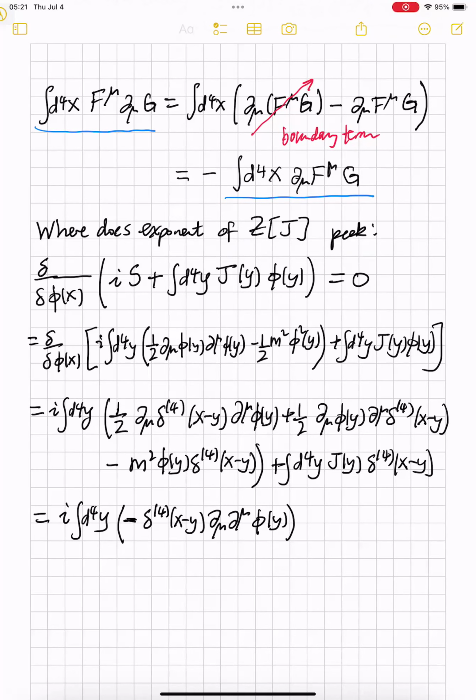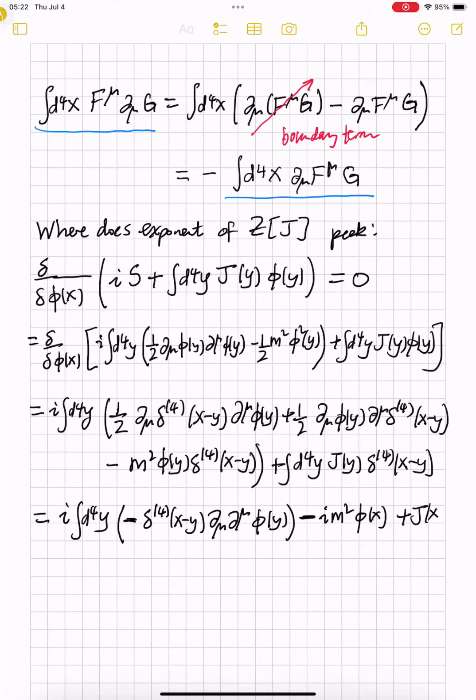Then for the m² term, well, I can do that integral because integrating with the Dirac delta is particularly easy. So I'll have a minus, I'll have an i, m², and the φ(y) becomes φ(x). Good. That looks fine.